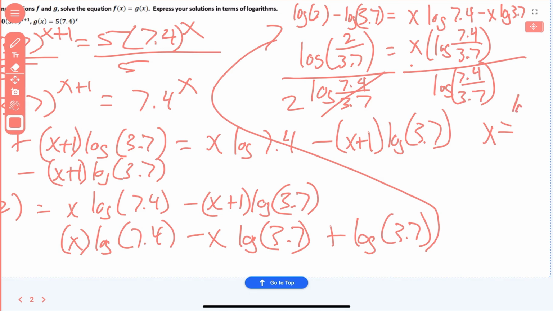I got log 7.4 over log 2. That's all I have. I just left it like that. It's 2 divided by, or did I do that backwards? Yeah. That's what it says.